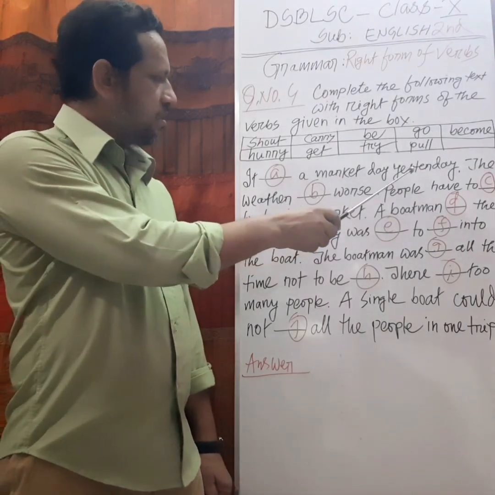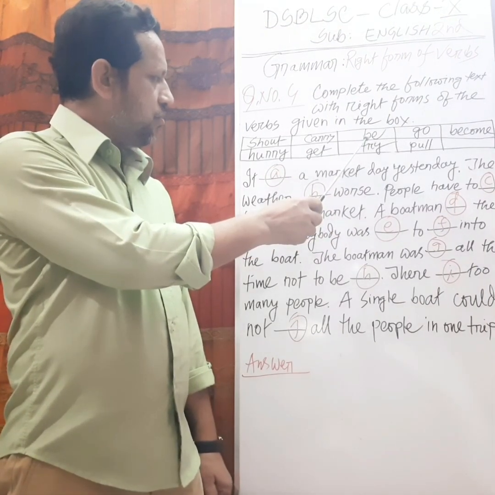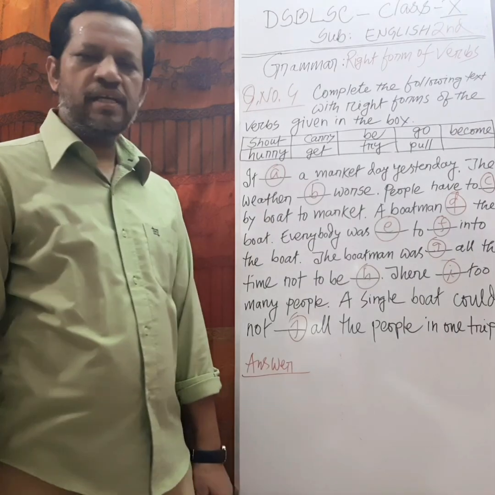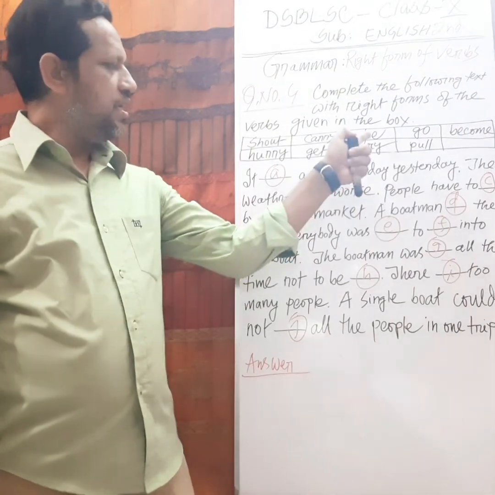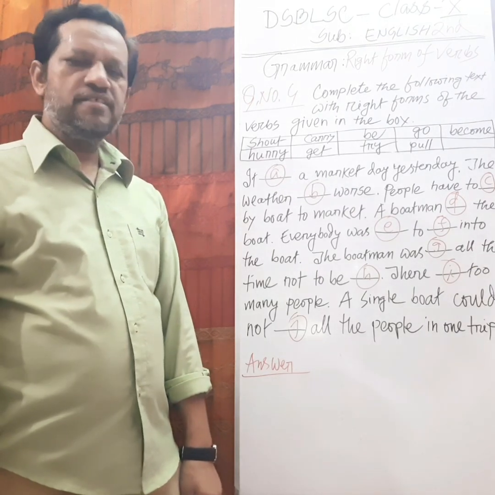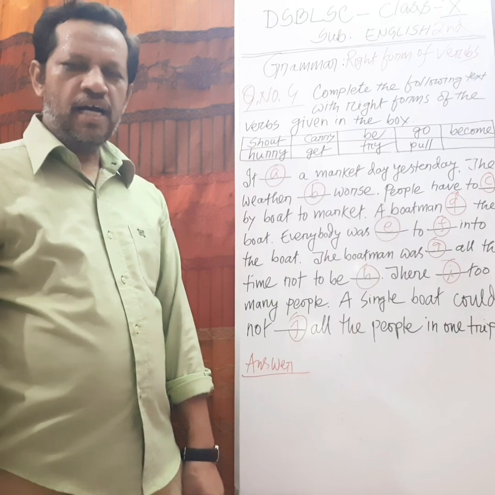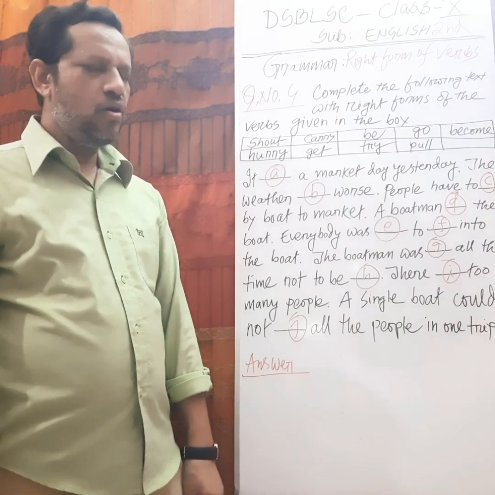Here we have to use be verb. When you get be verb in the box, you have to think that this be can be used as am, is, are, was, or were.